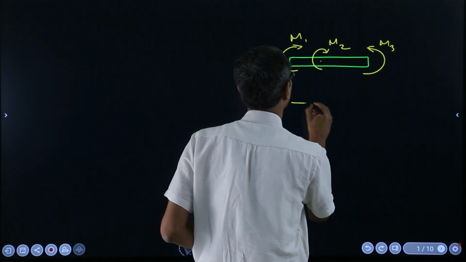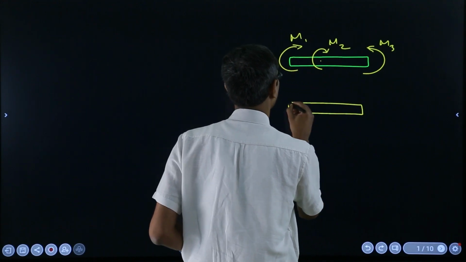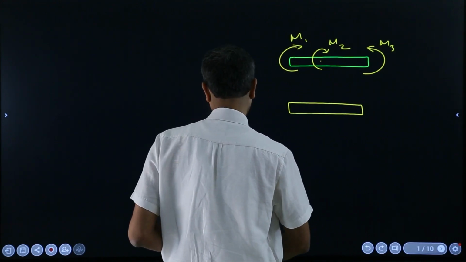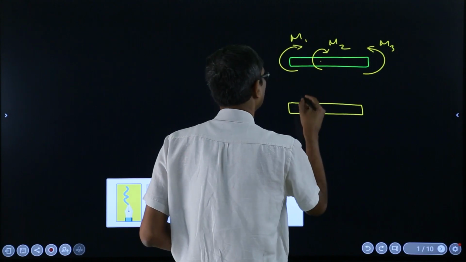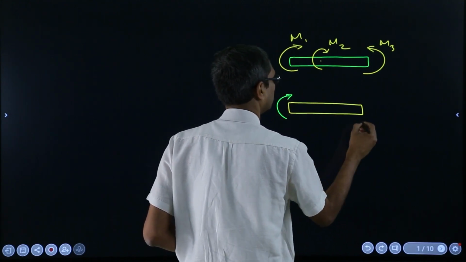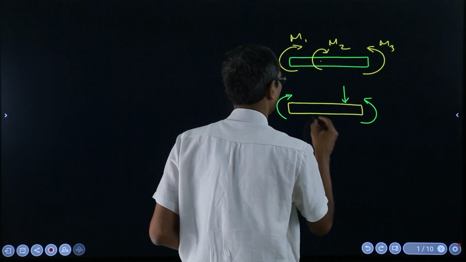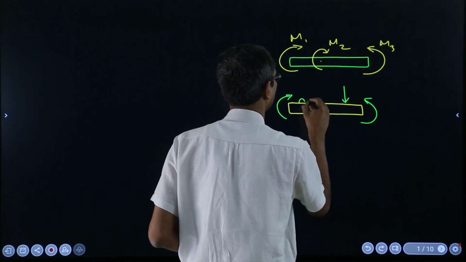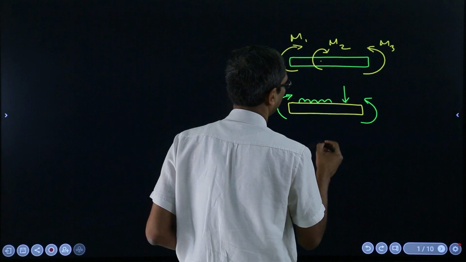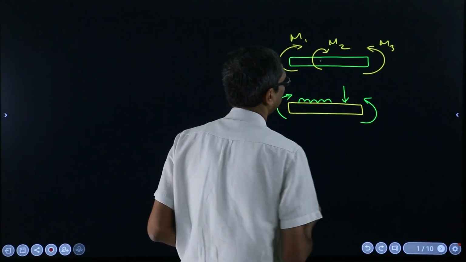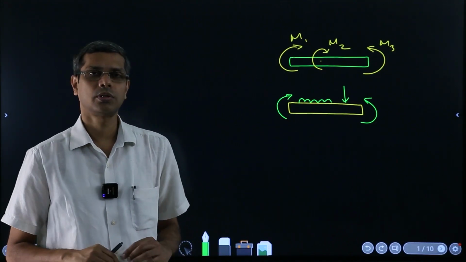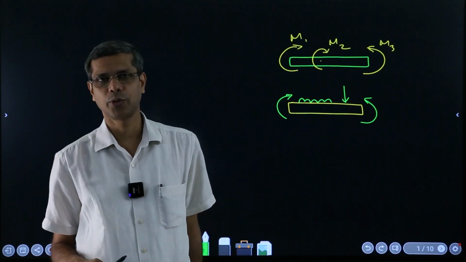But as soon as we come to cases like this, where say there is a moment here, but then suppose here there is a force and here there is a continuous kind of loading, then you lose the case of pure bending.